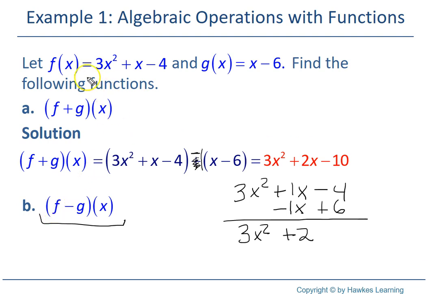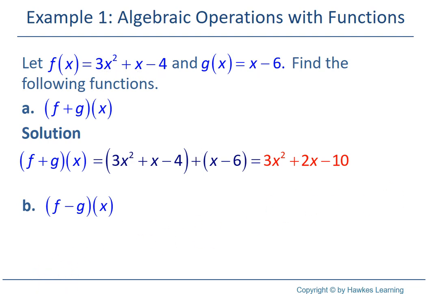You have your f, you have your g, and then they're just saying subtract them. Up here they're saying add them. And this is just the way they show it here. Alright, let's go on and see the answer.